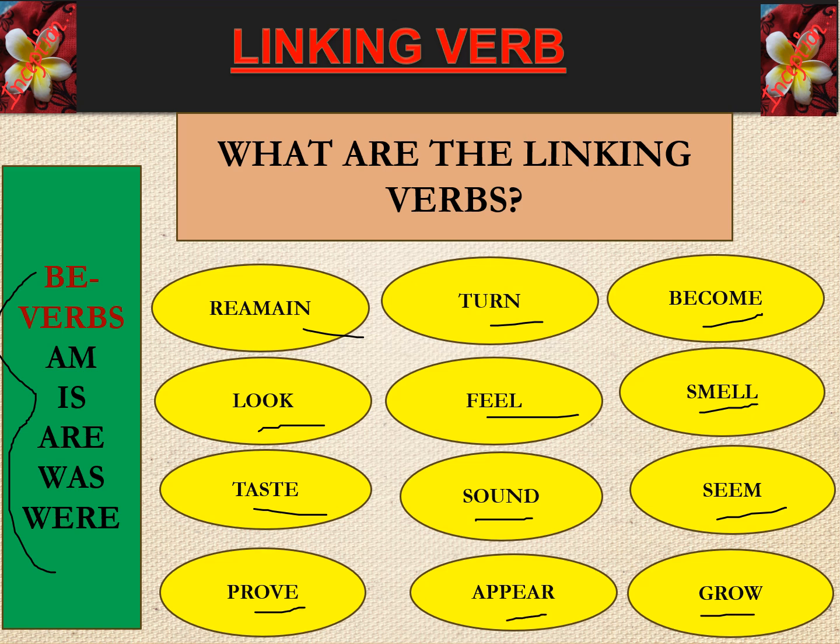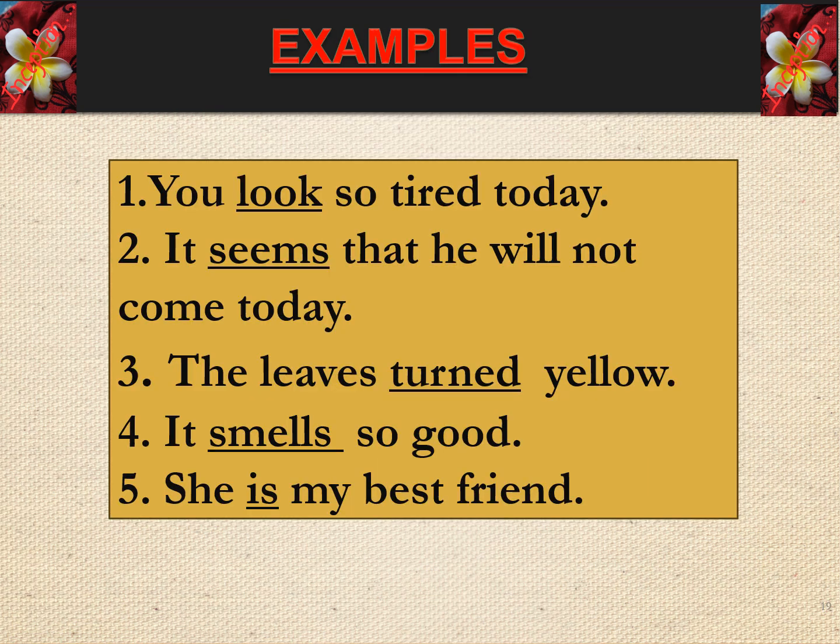We have to remember that the be verbs and these words are linking verbs. But how do these all work? We will see the examples, then it will be clear.